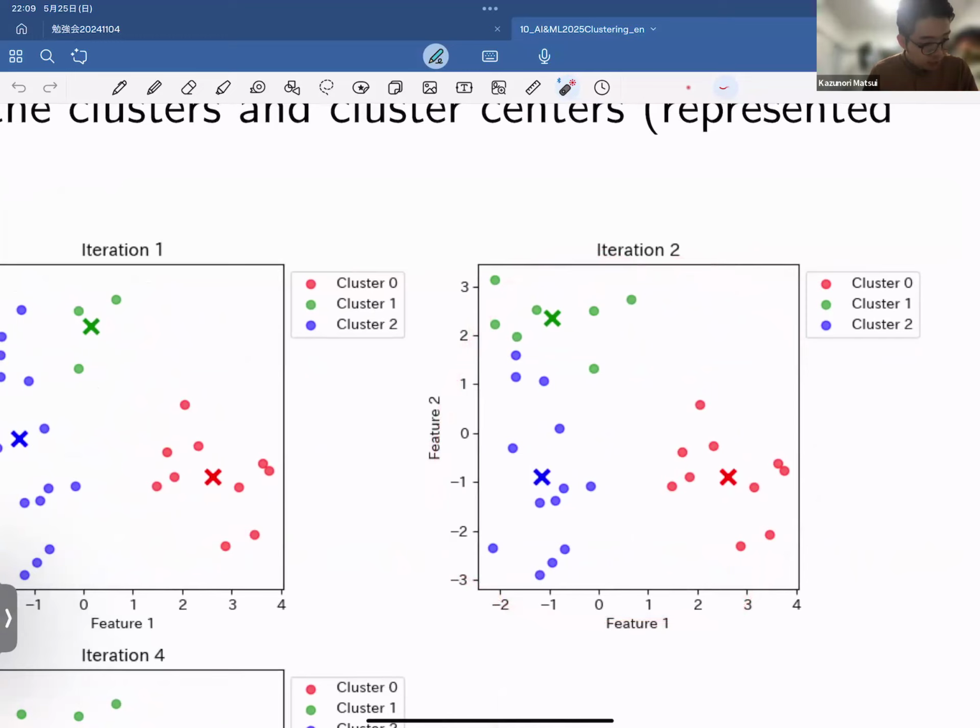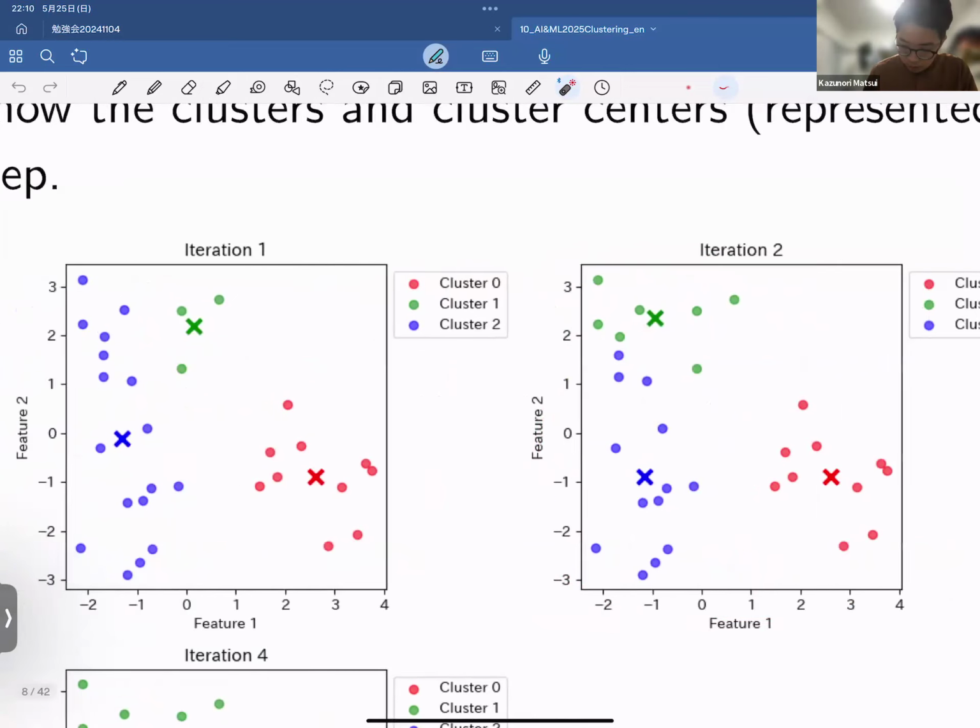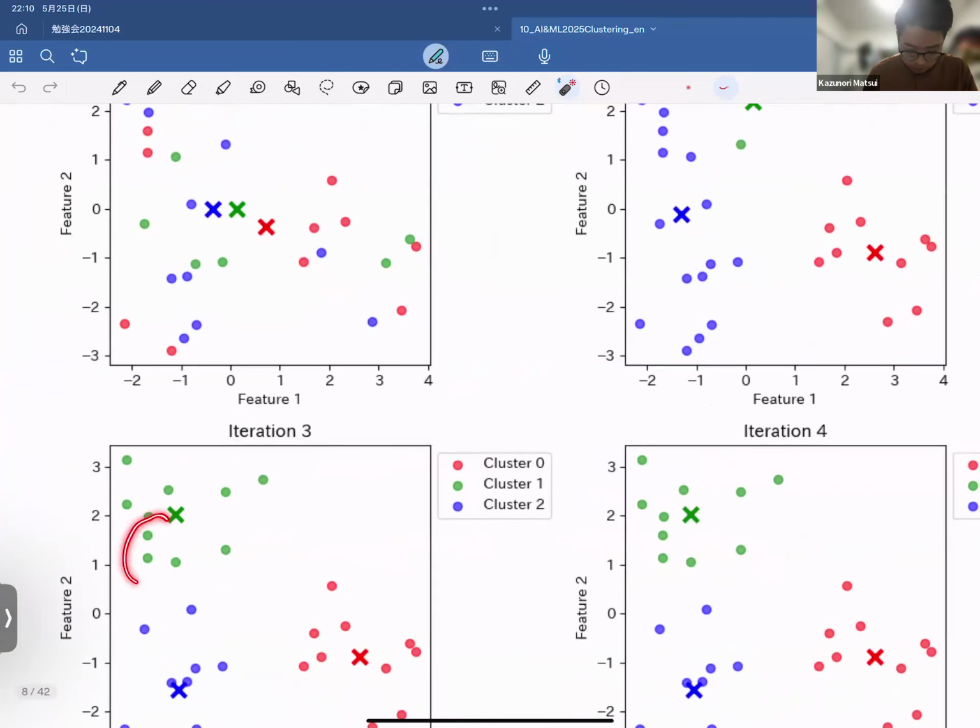let's find the mean again. Then the means of green and blue become like this. Part of the blue is closer to the mean of the green center of gravity, so that area becomes green, like this.